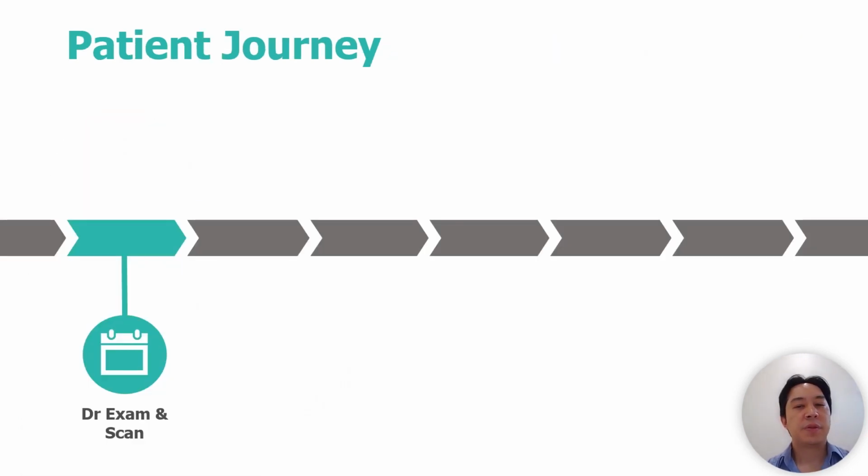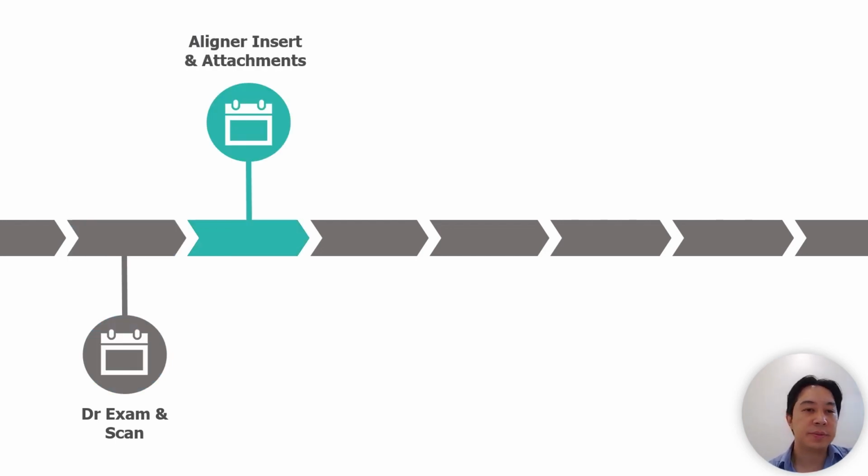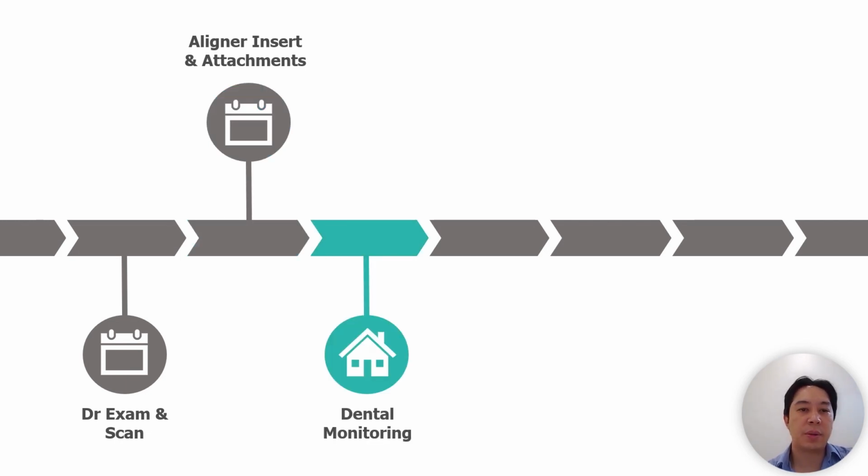In terms of the steps, start with an exam as well as a scan or impression. After setting up the ClinCheck or equivalent, you place the aligner including any attachments that you have deemed appropriate.